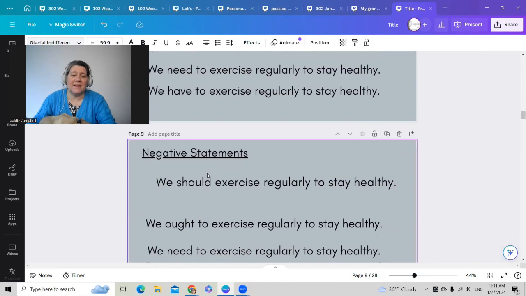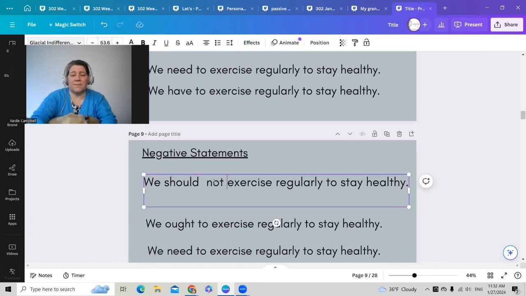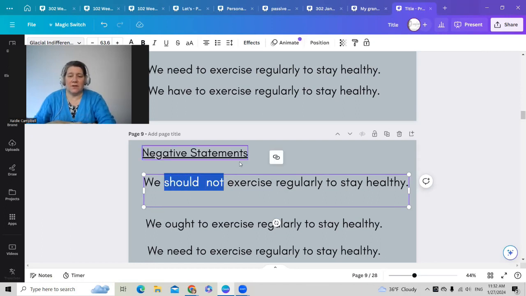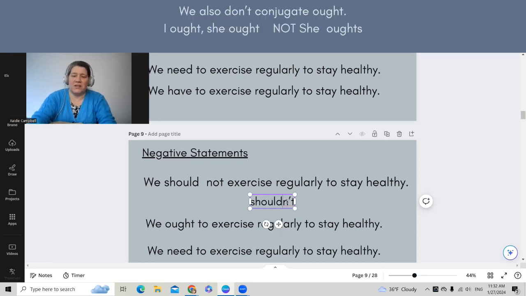Let's make these into negative statements. We would say we should not, or we shouldn't. That's where we shouldn't exercise regularly.